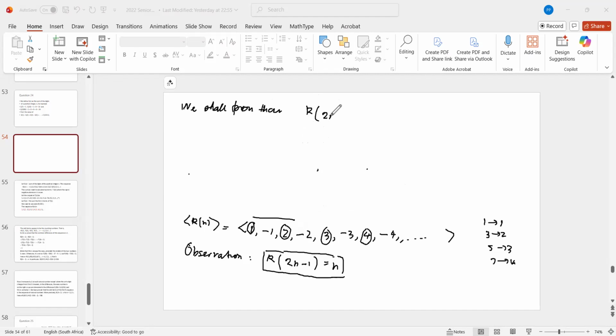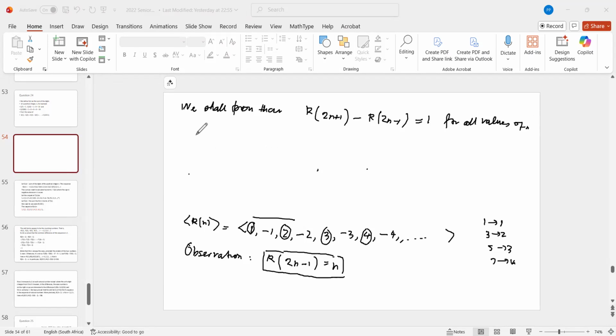So take R of 2n plus 1, and the one just before that, is it the seventh term minus the fifth term, or the ninth term minus the seventh term. So you can write this in general. We should prove that this is always equal to 1 for all values of n. Okay, let's do that. So what do you have?